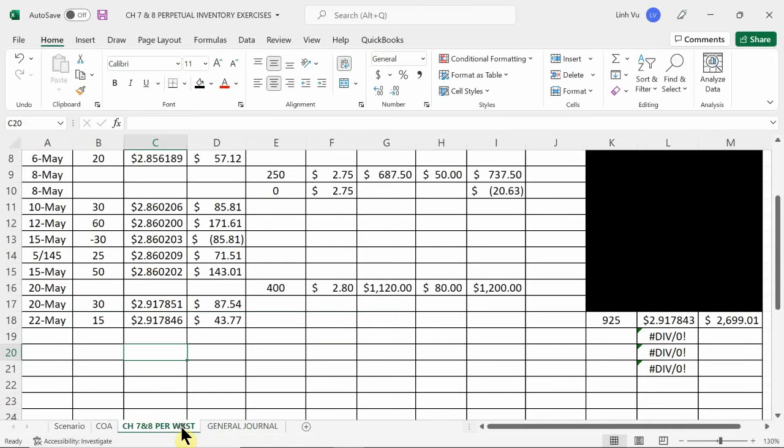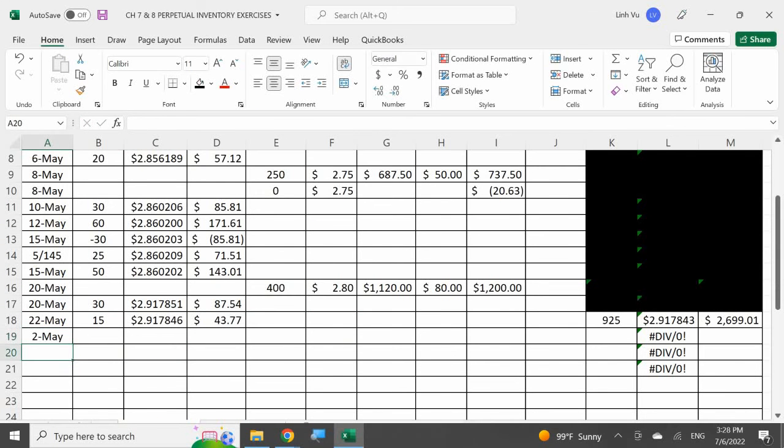So I got to go back to my inventory worksheet and report that I have sold on May 25th 175 mugs. Right now my mugs cost me $2.917843 per cup.